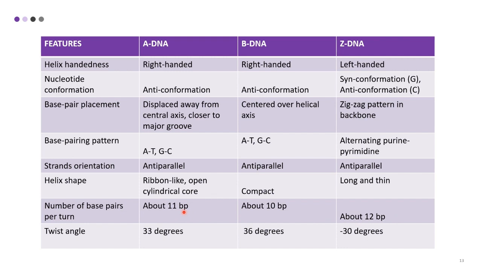It is 11 base pairs in the case of A DNA, 10 base pairs in the case of B DNA, and 12 base pairs in the case of Z DNA. The angle by which the DNA is twisted is 33 degrees in the case of A DNA, 36 degrees in the case of B DNA, and minus 30 degrees in the case of Z DNA.